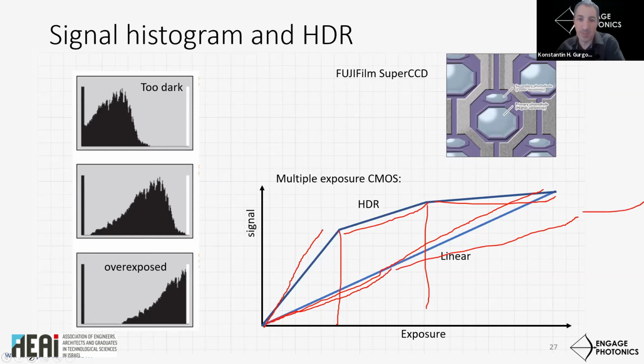And so you can span a wider exposure range. Another technique for HDR is what Fujifilm had done. They incorporated a larger pixel and a smaller pixel in their array that they called Super CCD.